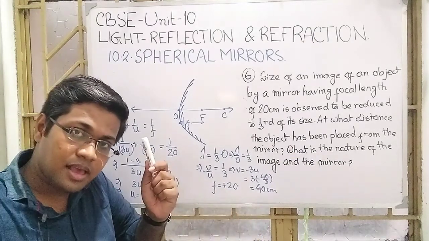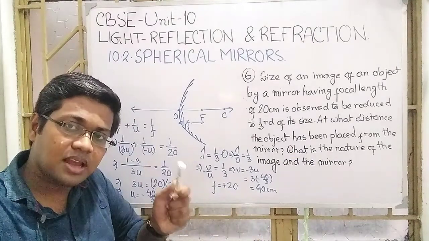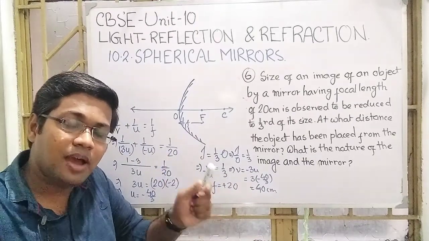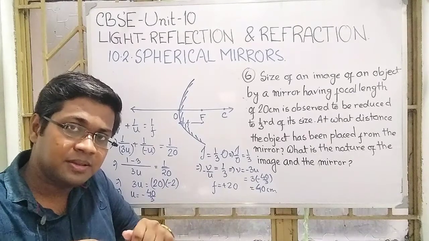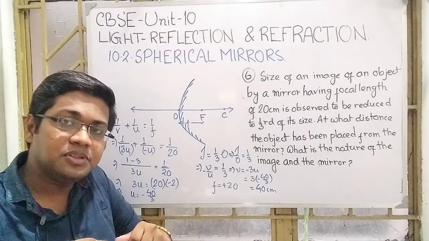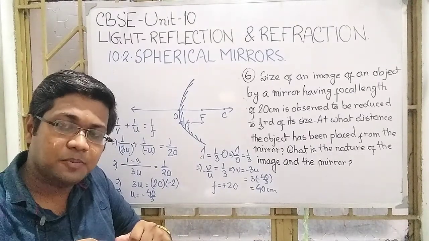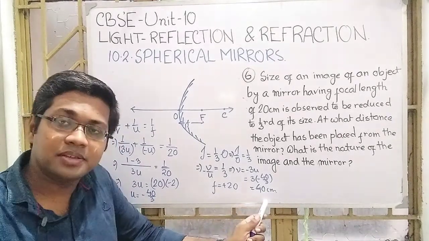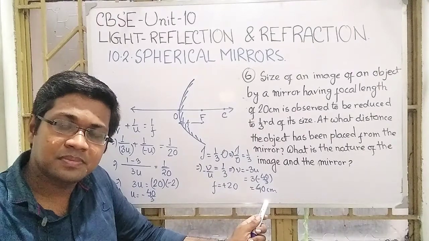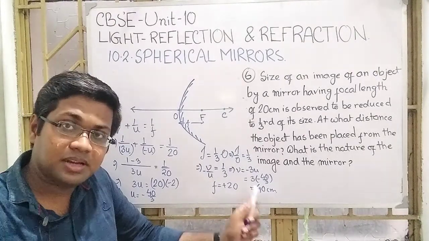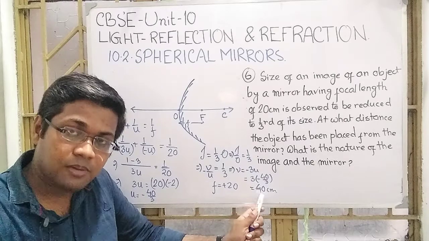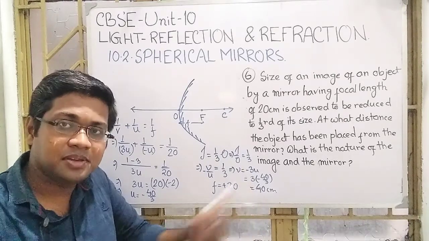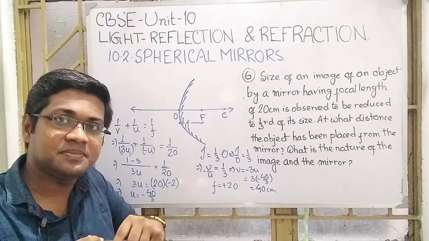But if I place the object at infinity or in between infinity and C, where the image do we obtain? In between the pole and the focus. Where do you obtain the image here? At 40 centimeter, at the center of curvature. So you tell me, is it correct?